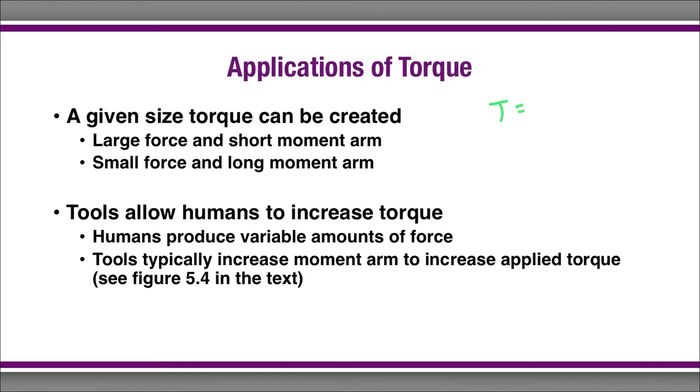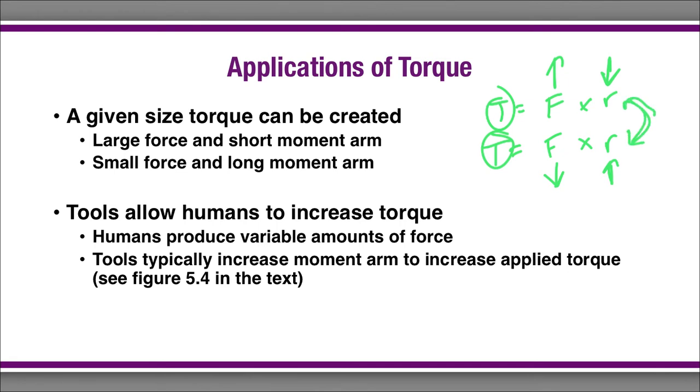So if we think about it mathematically, if T equals F times r, and you have a large force and a small moment arm, or a small r, and then reversing this scenario, if we have a small force and a large moment arm, T in these two cases should remain relatively the same if the differences in these two scenarios are proportional.